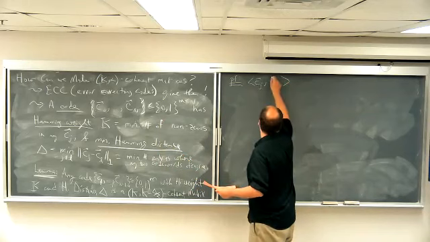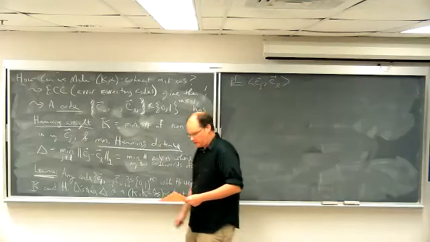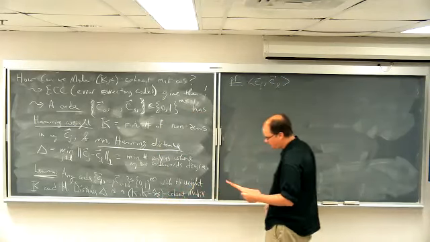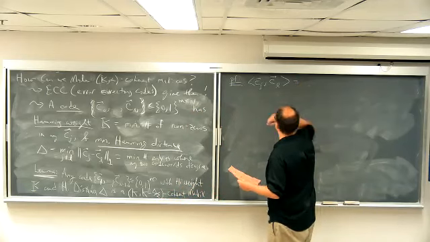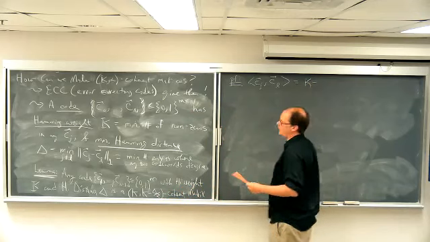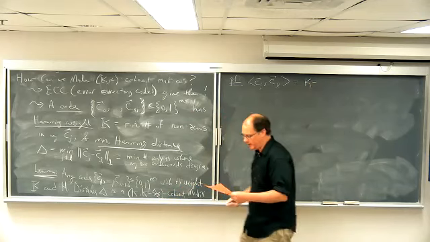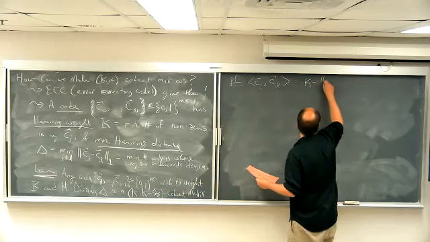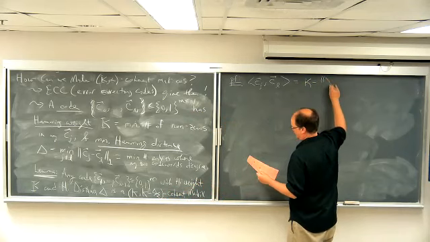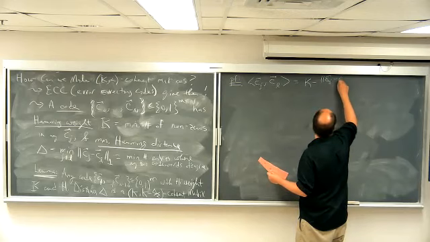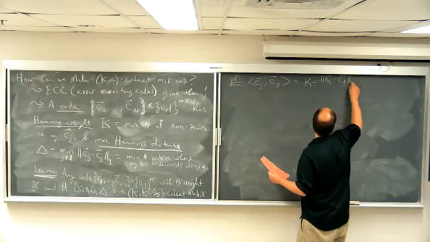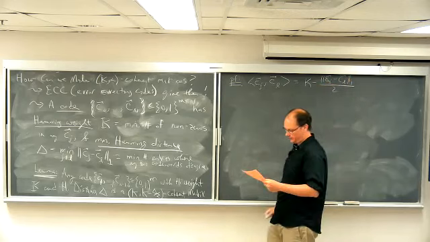So let's look at the inner product of any 2 of these code words. I claim that the inner product of any 2 of these guys that aren't the same is going to be equal to K minus the distance of these 2 code words, divided by 2.